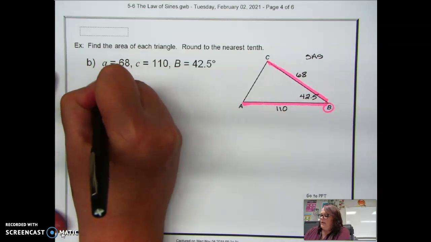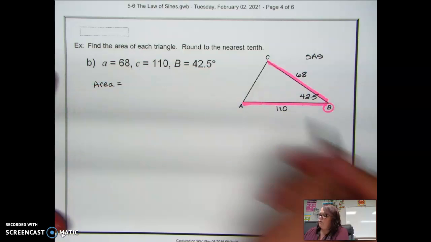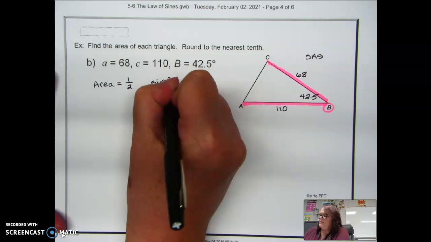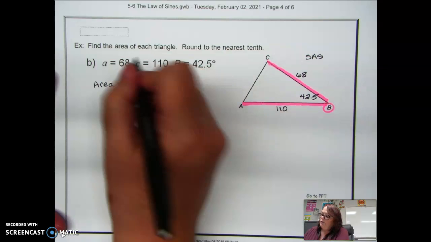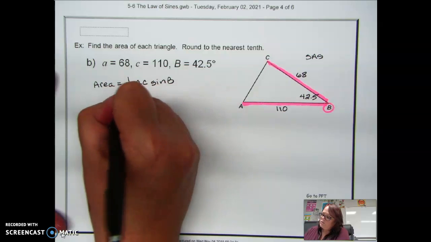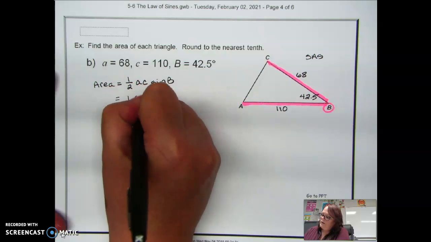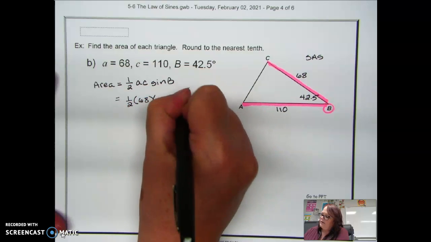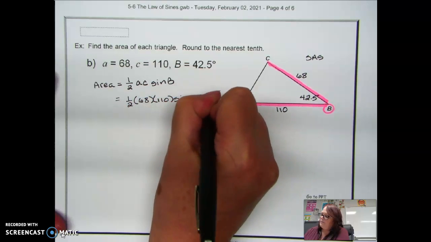So we're going to say that the area is equal to, I know there's a 1/2, I know there's a sine of B because that's the angle that I know, and then the remaining letters left over are a and c. So I'm going to say 1/2 times 68 times 110 times the sine of 42.5.